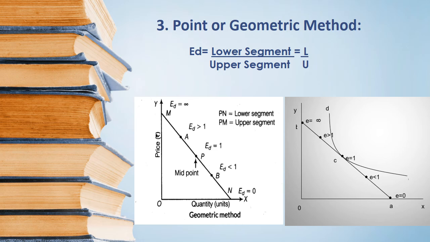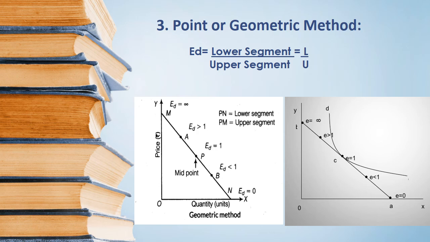So perfectly elastic demand. Similarly, at point N, the point elasticity is 0 because the lower segment is 0 and the upper segment can be calculated further, so it is perfectly inelastic demand.